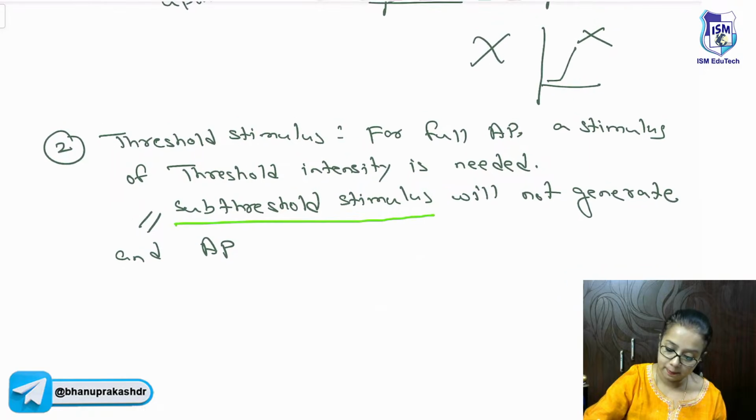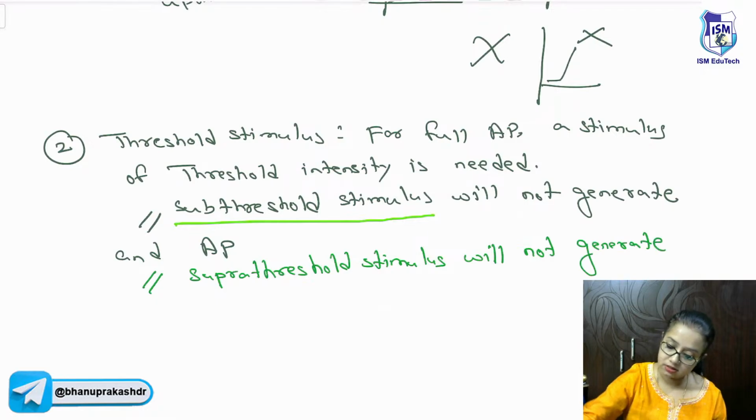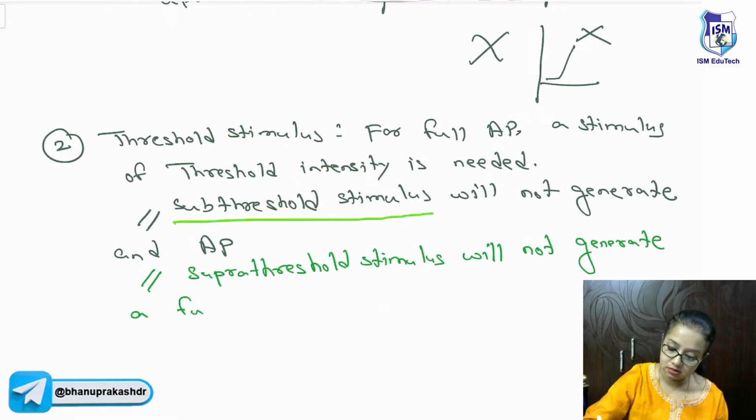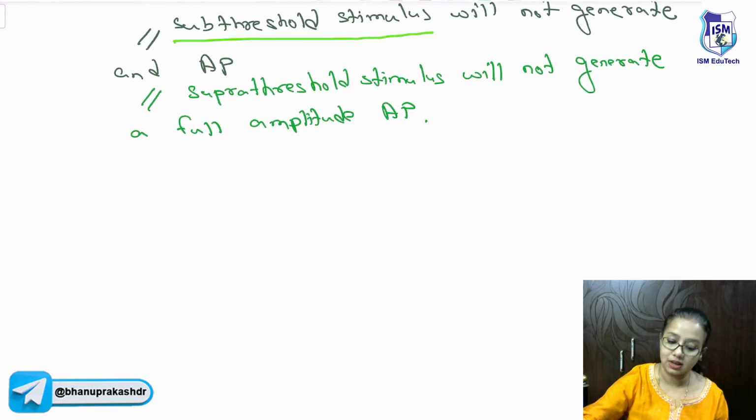Similarly, a supra-threshold stimulus will not generate a full amplitude action potential. Okay, this will not happen.